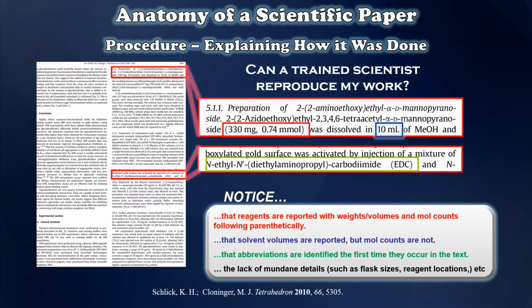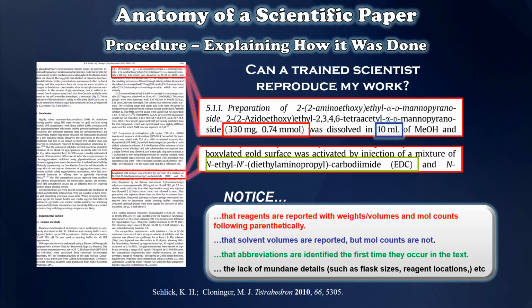Now, solvent volumes are reported, but we don't have to give mole counts because solvents aren't participating in any reactions. The third thing I'd like you to look at is down here in the second box. You see, they used another molecule called N-ethyl-N'-diethylaminopropylcarbodiimide. Now that's a lot to say, and that's a lot to write every single time. So in this case, the author has chosen to use an abbreviation, EDC.